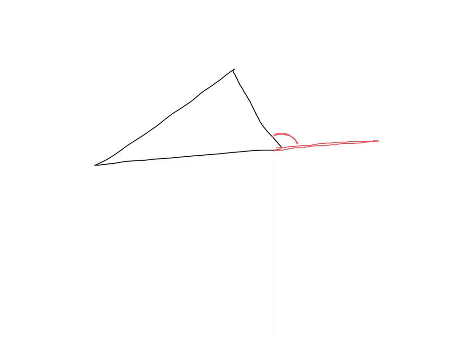So let's say we have this exterior angle though. Let's call it 4. The reason is the ones inside will be called 1, 2, and 3. As you could probably see, 3 and 4 make a straight line. 3 and 4 is a linear pair. So let's write that down. 3 and 4 is a linear pair, which means that they are supplementary and they have a sum of 180 degrees.